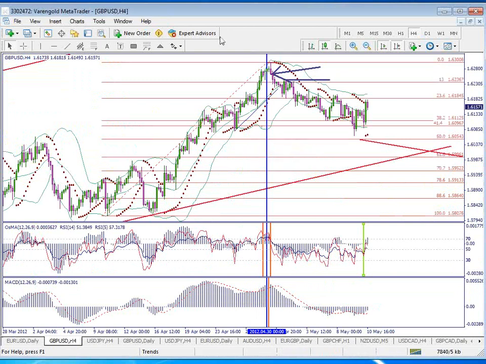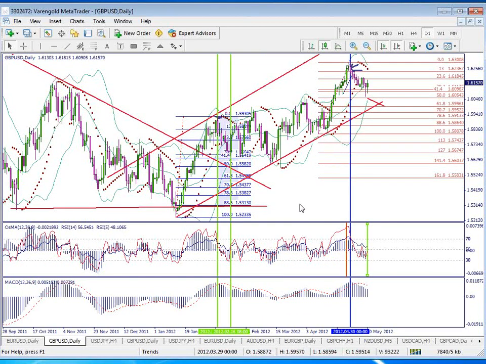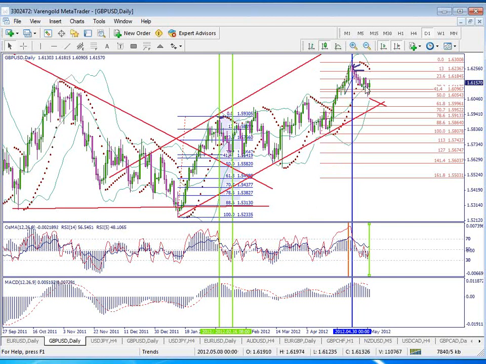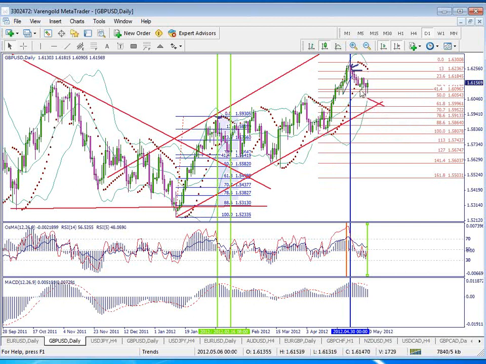For the pound, the pair tests the 50 level. There is a chance of one small reverse because it's the middle line of the Bollinger Band, and it may go into the down direction.